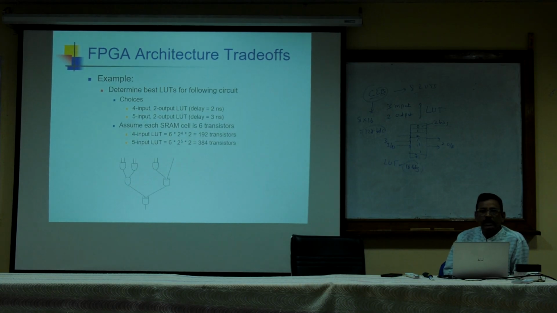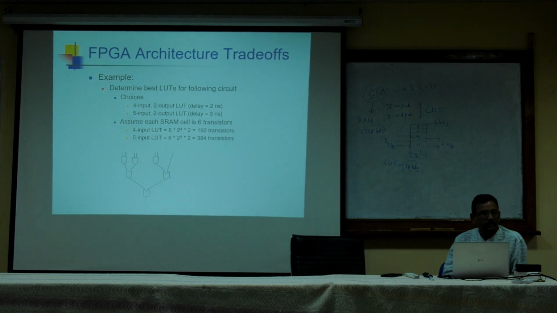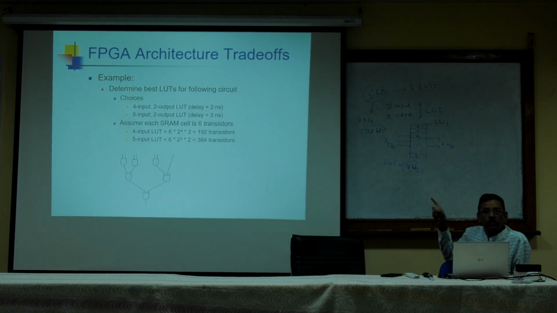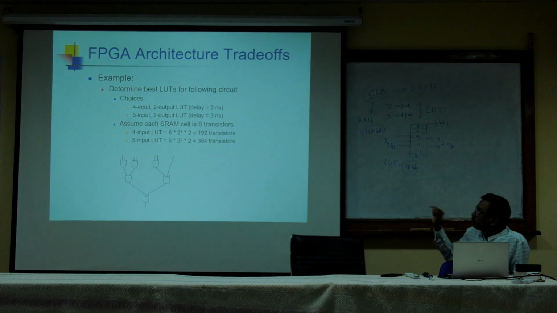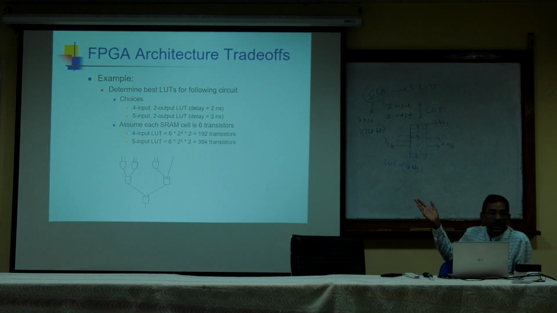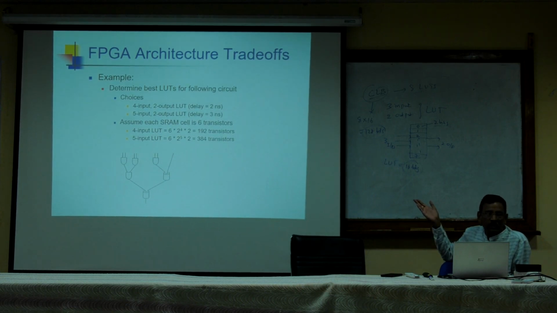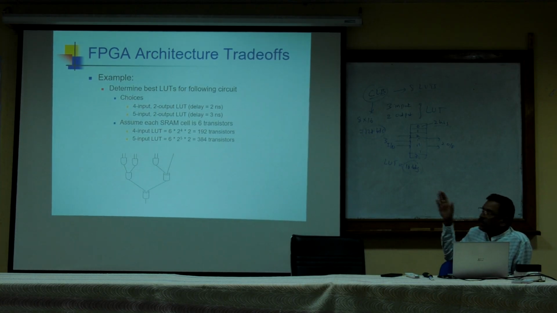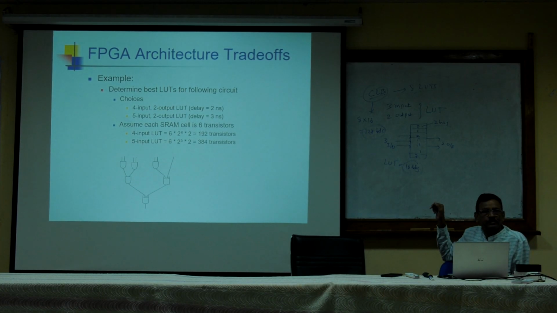Each RAM cell has how many transistors? 6 transistors. So 6 multiplied by 2 power 4 multiplied by 2, that is 192 transistors for each 4 input LUT. The 5 input LUT has 384 transistors area. This is area, and that is the time, so area and time optimization.